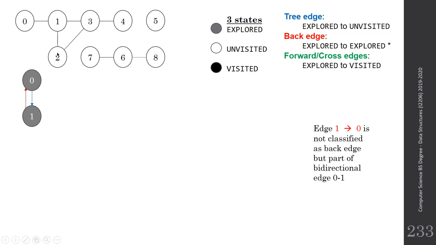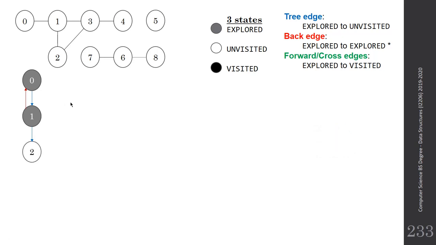And then from 1 I will move to 2. 2 was unvisited, it will be explored, and from 2 again I can go back to 1. It's a normal back edge, there's no cycle. From 2 I can go to 3. 3 is unvisited, it will become explored. Here from 3, I can move to 1.